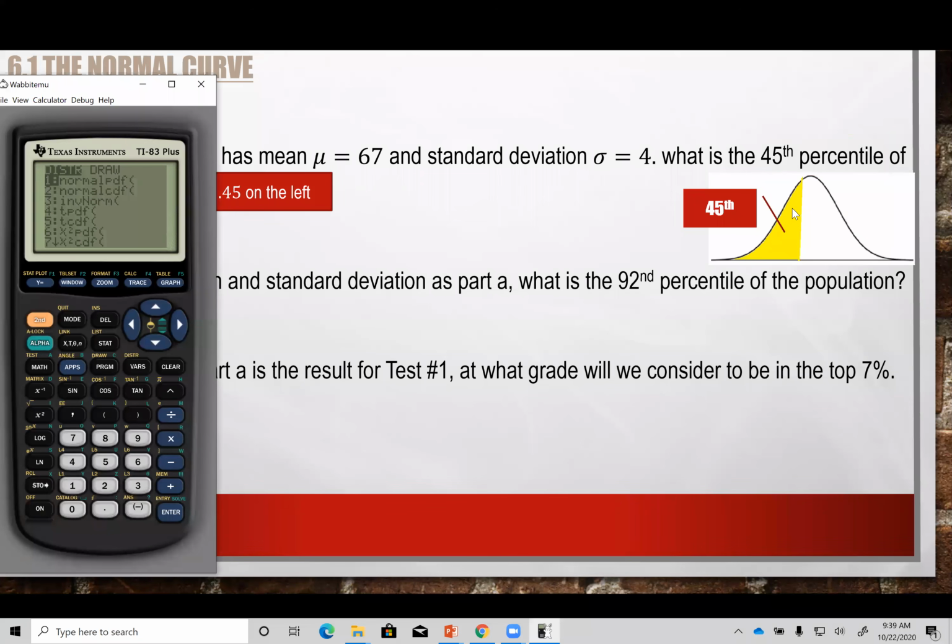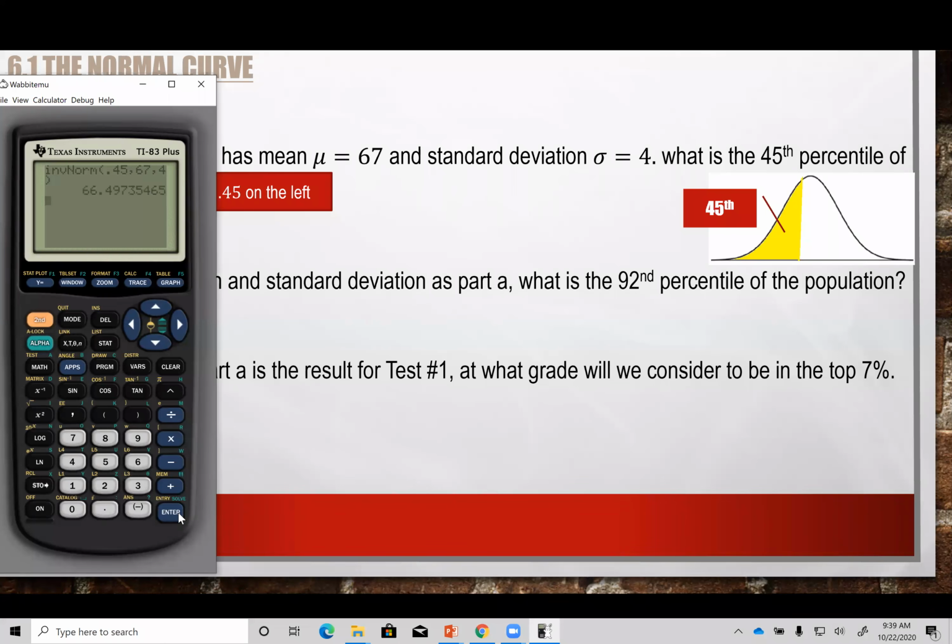Because they give us the area, the percentile in this case, which is the area to the left, all we need to do is go to the inverse norm. For your TI-83, you have to type in 0.45 manually, comma, the mean, which is 67, comma, the standard deviation, which is 4, and close your parenthesis.